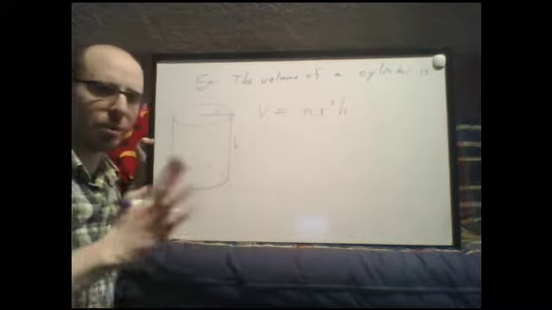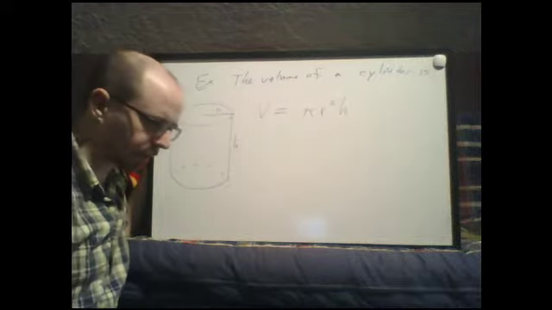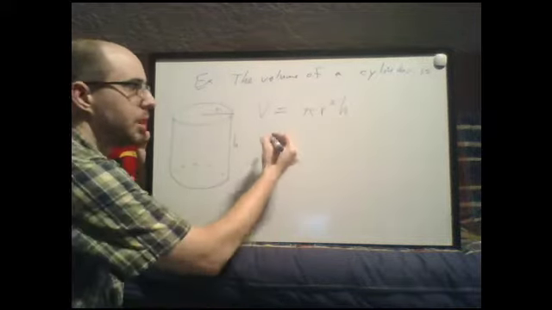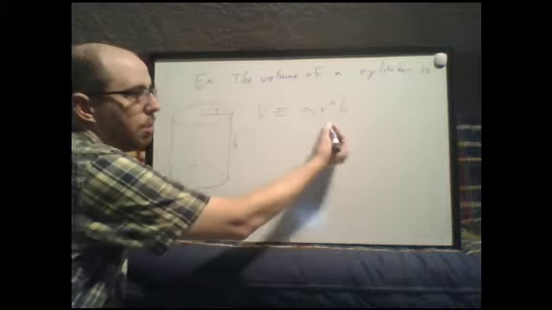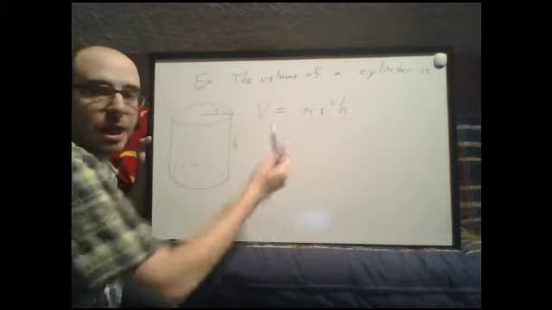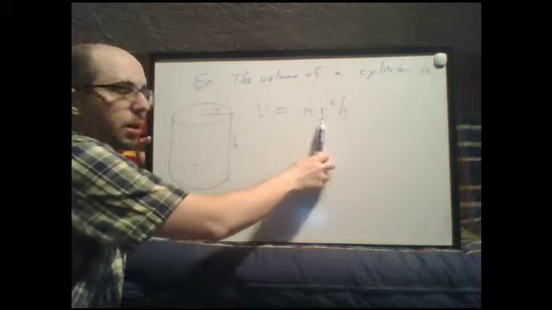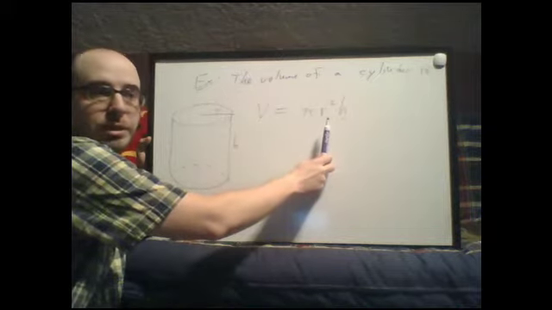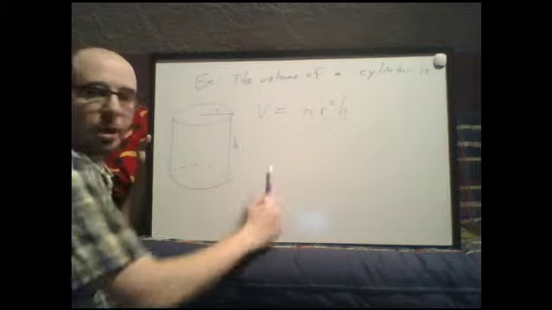Again, don't worry about where this comes from. The point is, this can be thought of as a function, but there are two inputs I need to know. Pi is a constant. It's not a variable, but r could be any positive number, h could be any positive number.